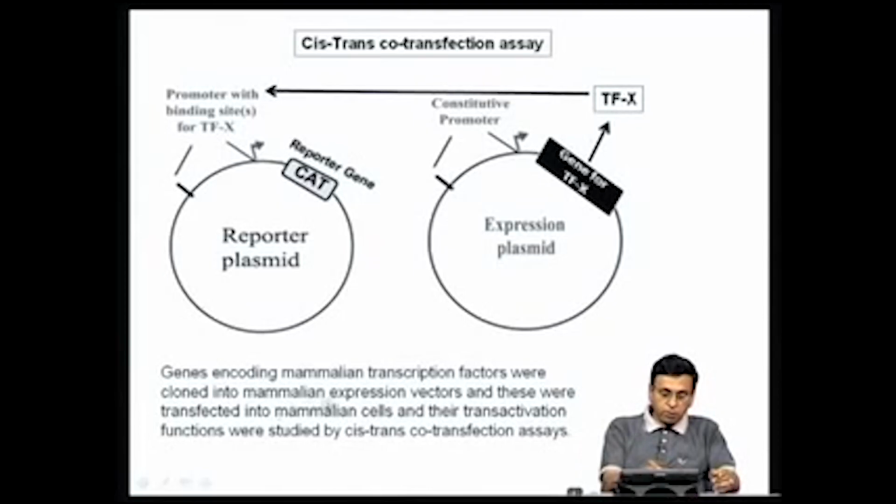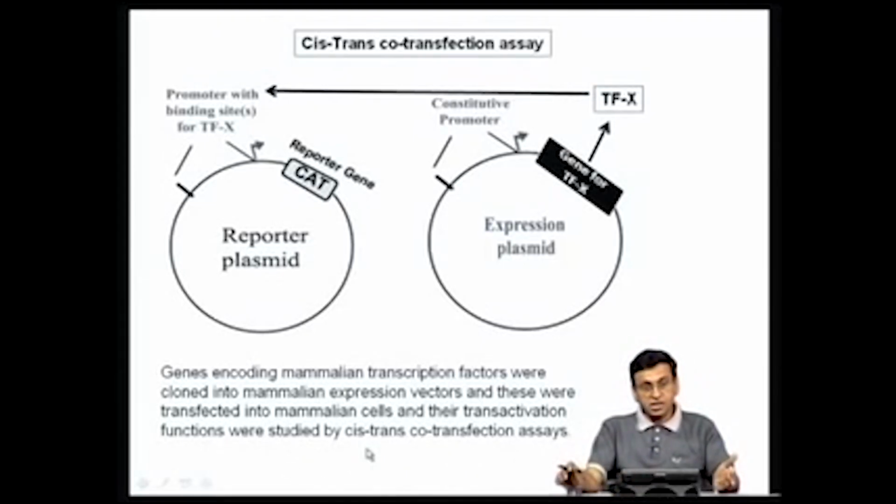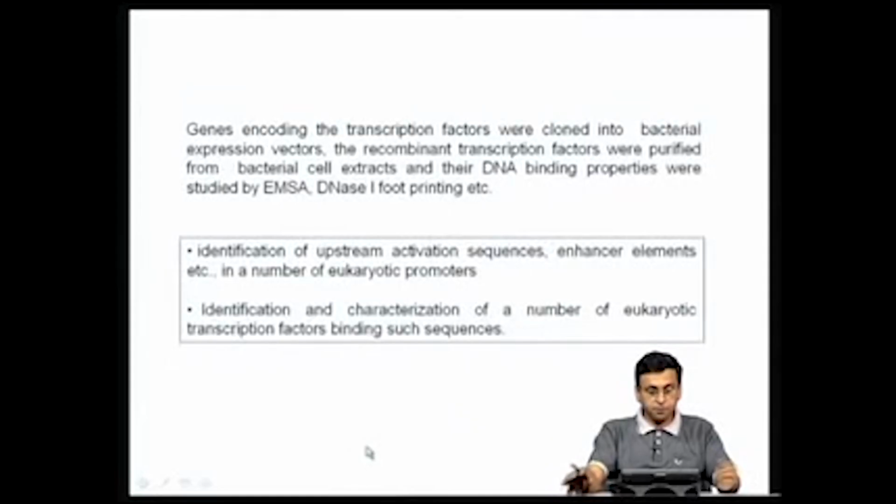So genes encoding mammalian transcription factors were cloned into mammalian expression vectors, and these were transfected into mammalian cells, and their transactivation functions were studied by using these kinds of cis trans co-transfection assays. As a result of all these experiments, a number of upstream activation sequence and enhancer elements have been identified in a number of eukaryotic promoters.